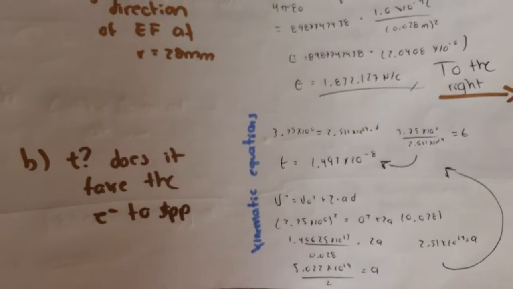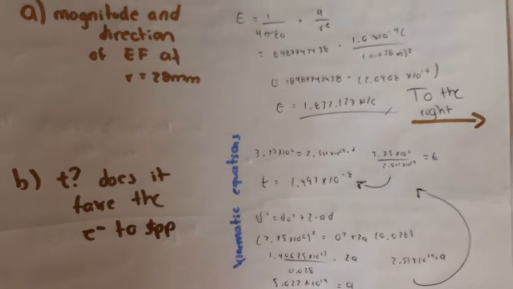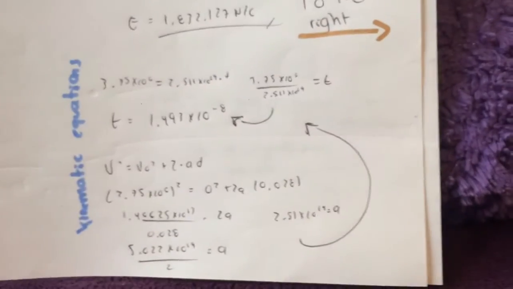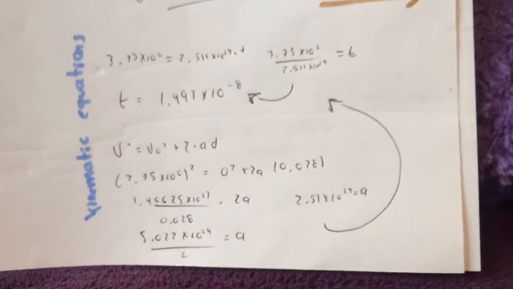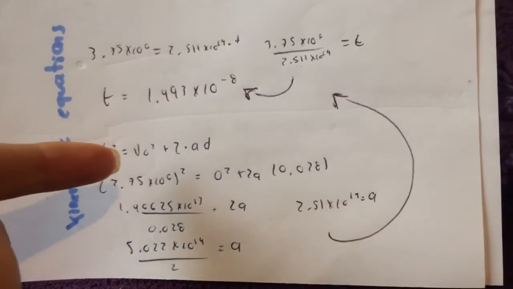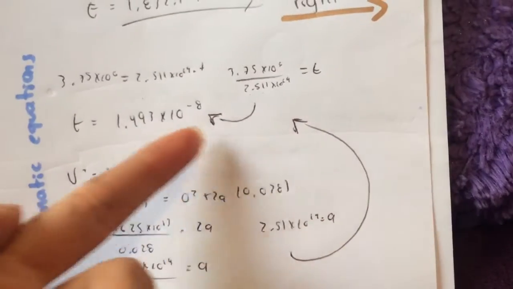For the second question, what time does it take for the electron to stop? We use the kinematic equations. First we get this part, and then this part is in here. We have to solve the formula for time.